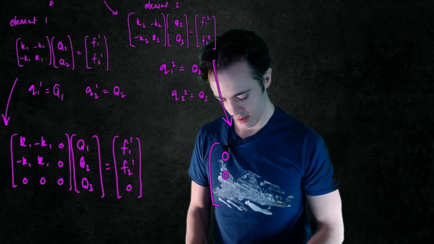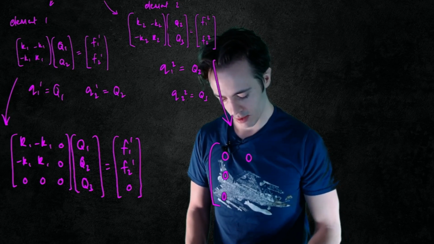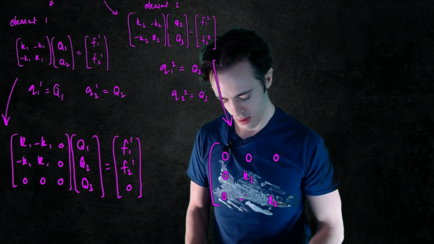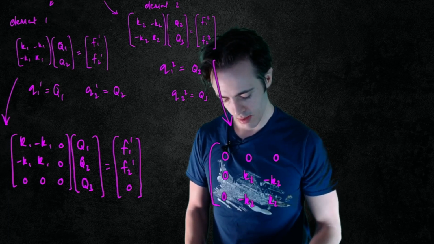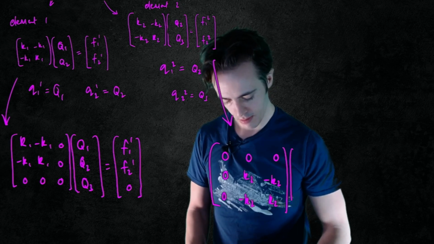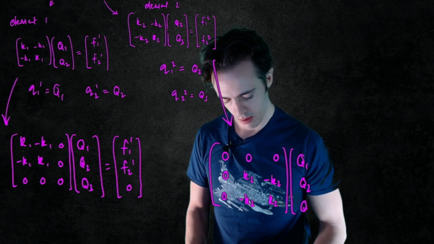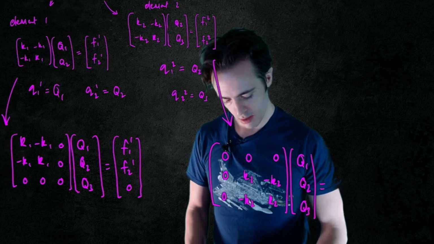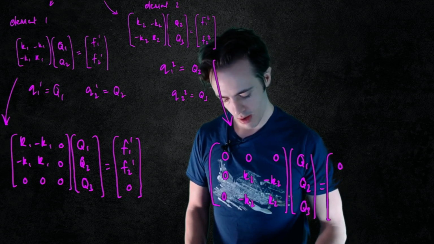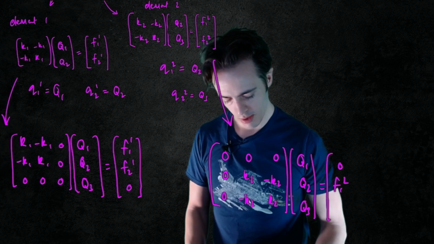We had a 0 row at the beginning, a 0 column at the beginning, and we had K2, K2, minus K2, minus K2, Q1, Q2, Q3 is equal to 0, F1,2, F2,2.